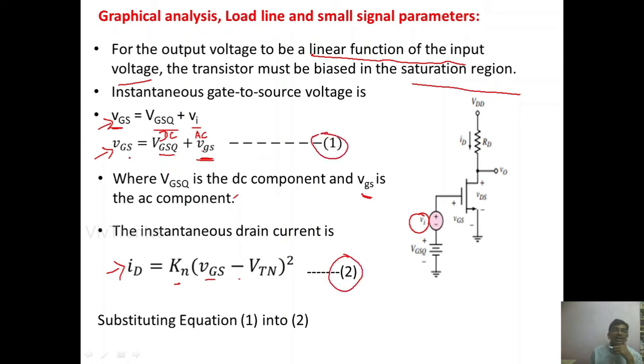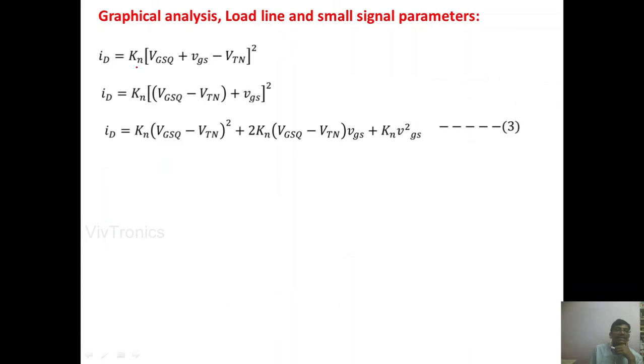In place of VGS, equation number 1 is substituted. Therefore we get ID is equal to Kn into (VGSQ plus vgs minus Vtn) whole square. VGS is replaced with the DC component plus the AC component.